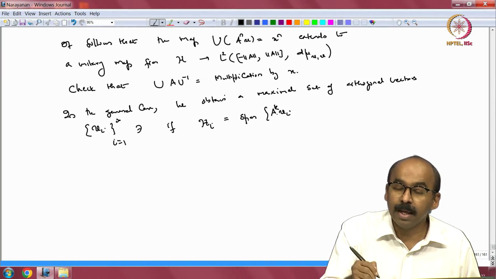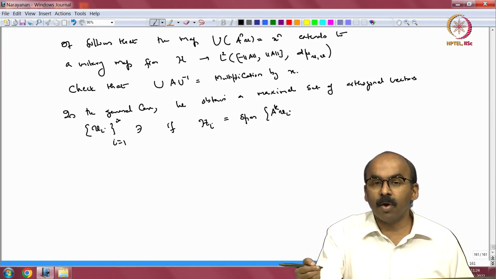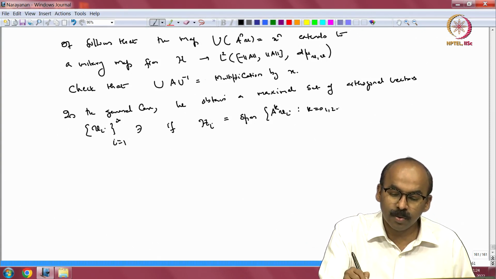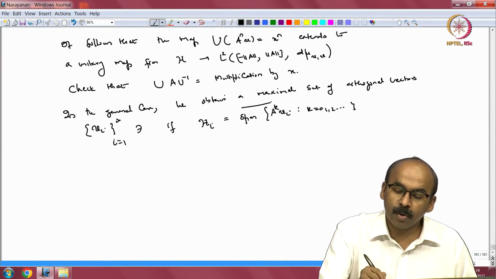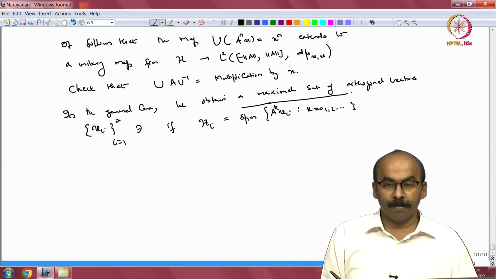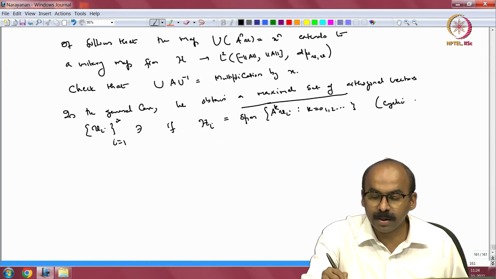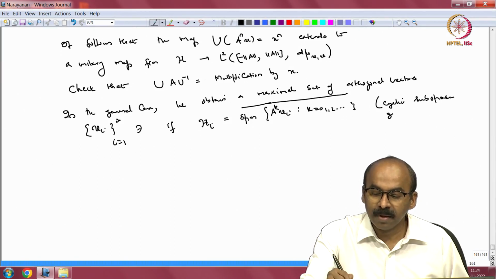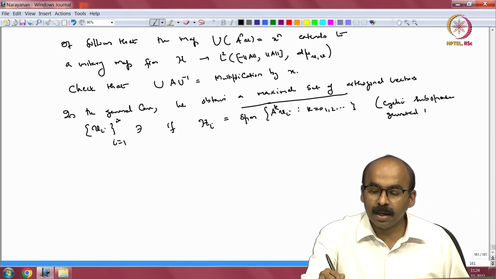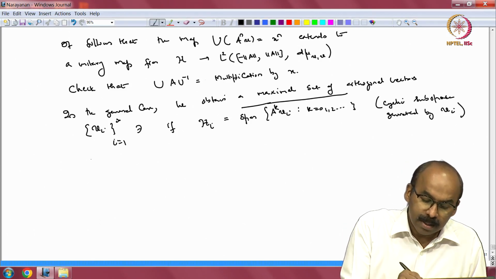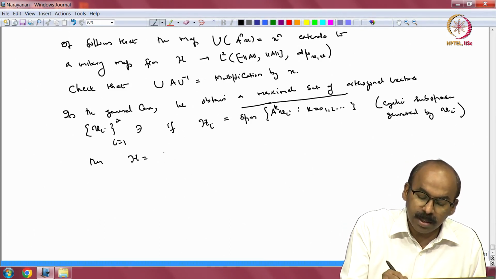So, I fix an i, look at powers of A acting on that particular vector Vi, k equal to 0, 1, 2 etc., and take the span closure of this, right. So, that is my Hi, okay. That is the cyclic subspace generated by Vi, right. So, if Hi is such that, then H is the direct sum of Hi.